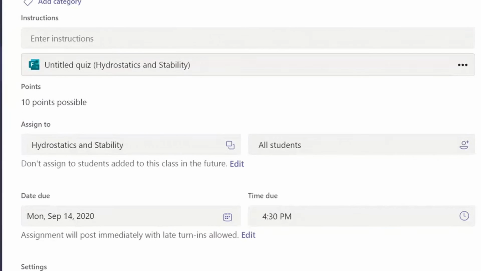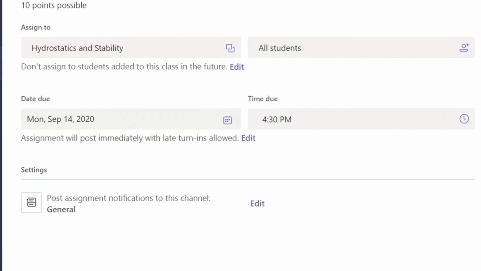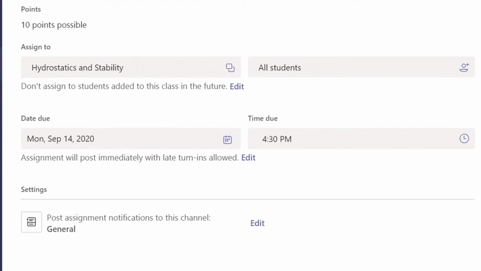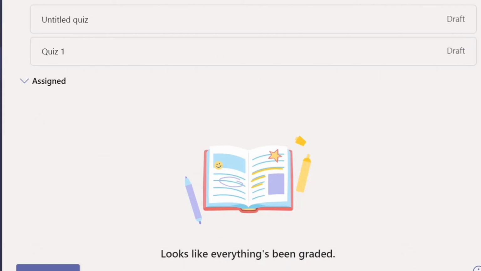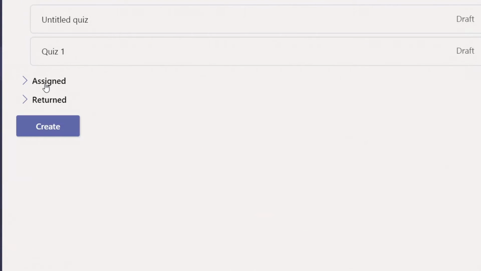This is the first time, so if there are any mistakes, let's redo it. This looks like everything. Now I have to assign this to you. Where do I assign it?